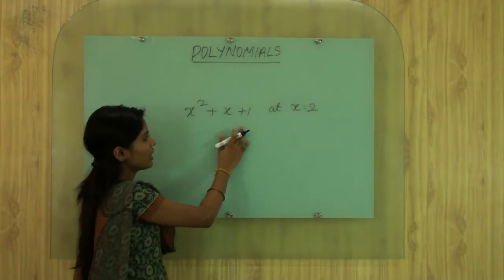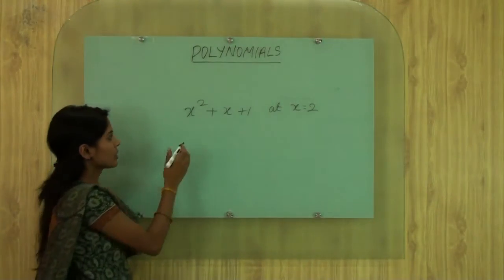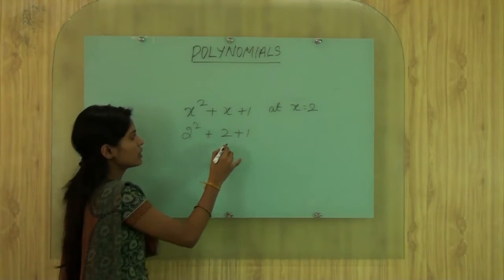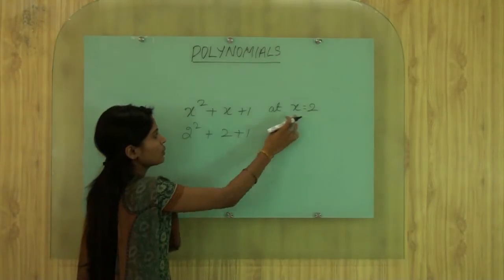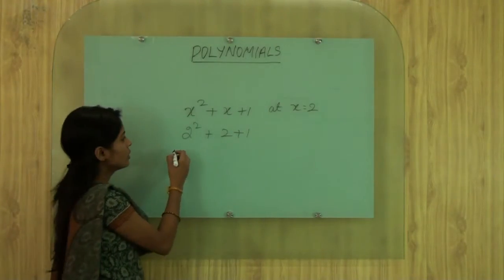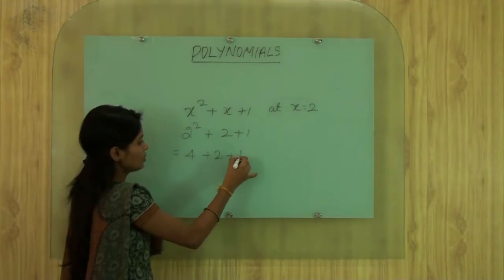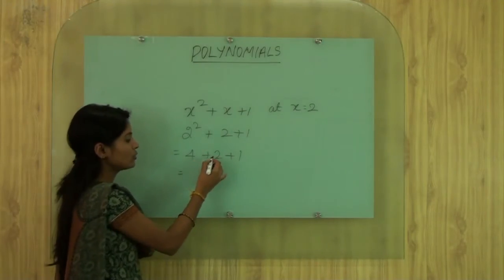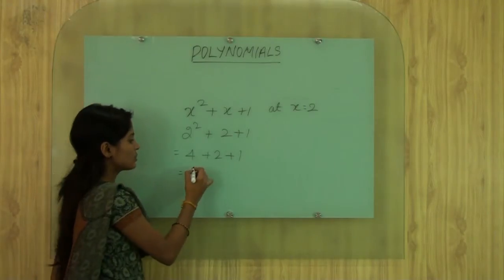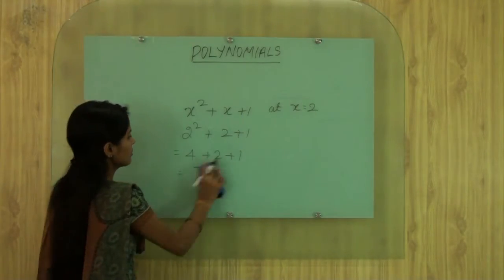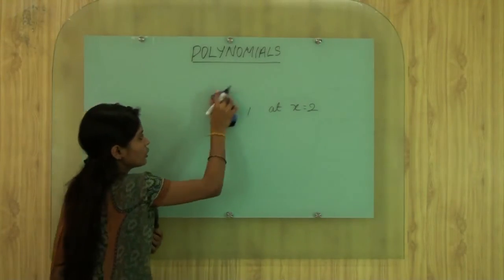What is the value at x is equal to 2? 2 square plus 2 plus 1. You have to substitute x is equal to 2 in the expression. So you get 2 into 2 is 4 plus 2 plus 1, which is 4 plus 2 is 6 plus 1, 7. 7 is the value.